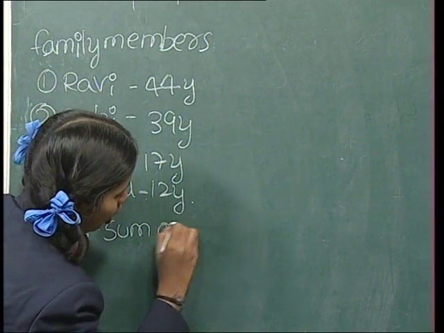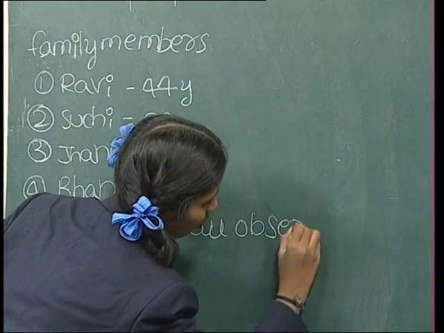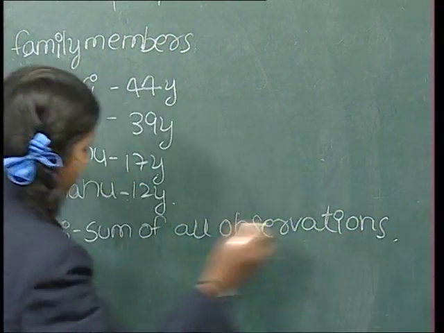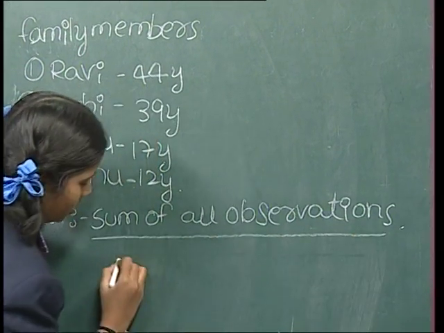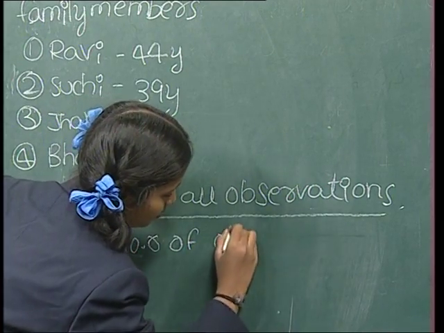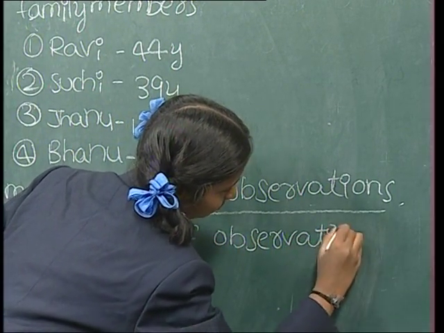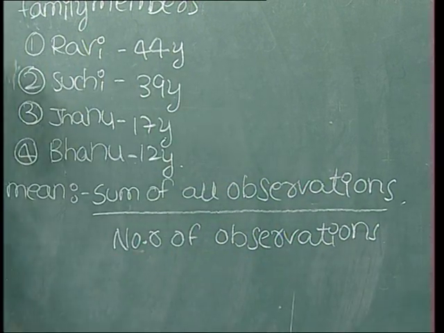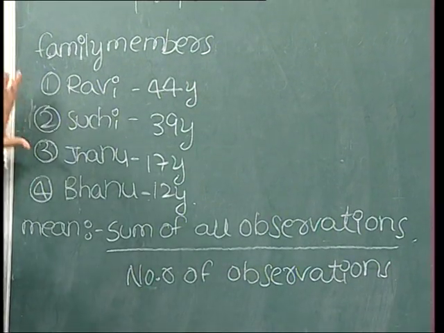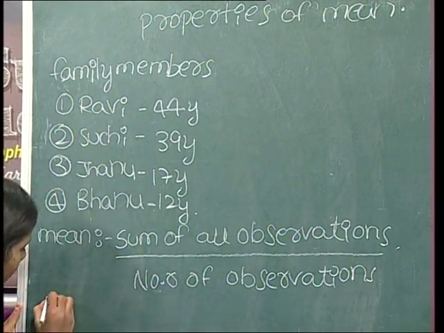Sum of all observations by number of observations. So now what do we have to do? Yes, exactly. First, we have to add up all these given ages.